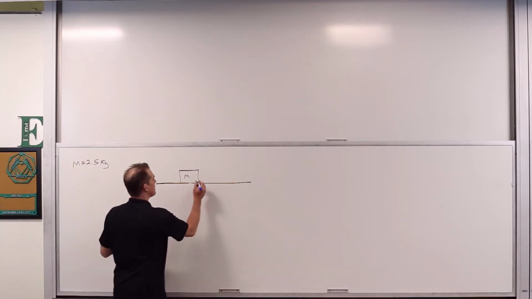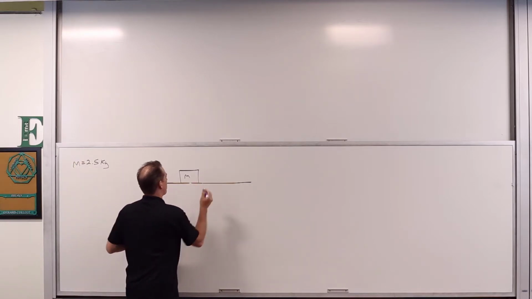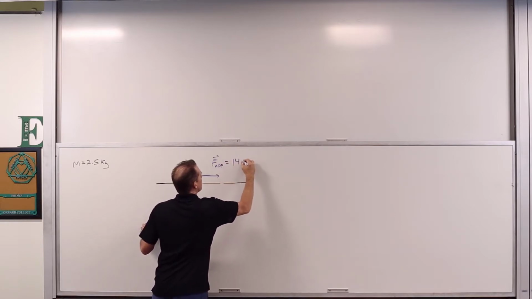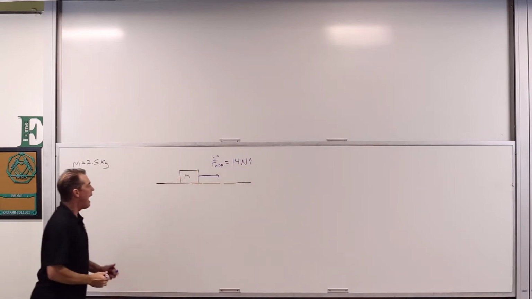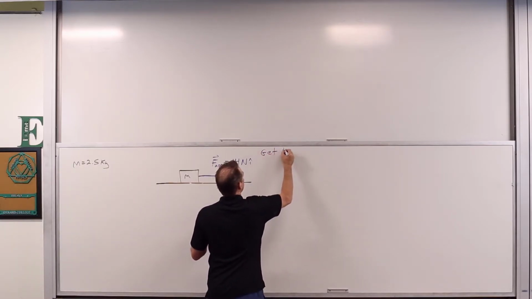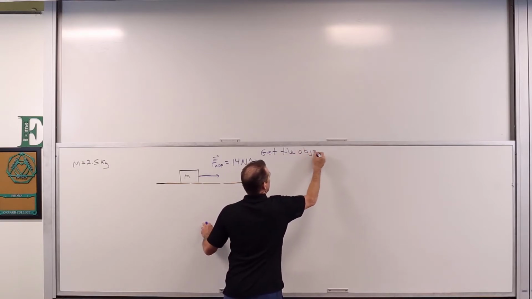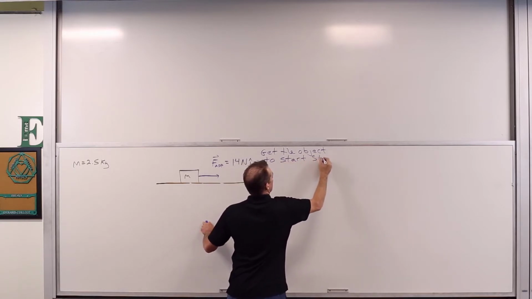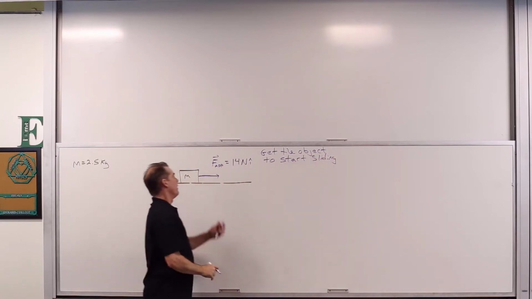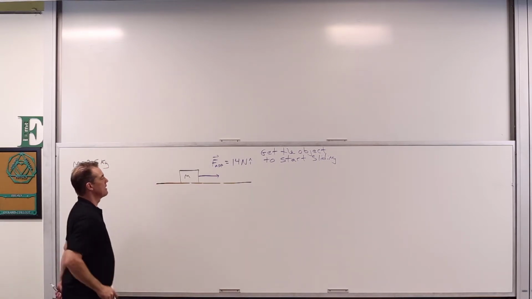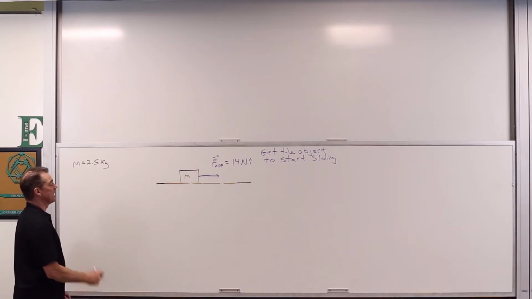So we've got a force, F applied hat, which is going to be equal to 14 newtons in the I-hat direction acting on this object, and this is what gets the object to start sliding. We exert less than that when it's stationary, it doesn't start sliding.